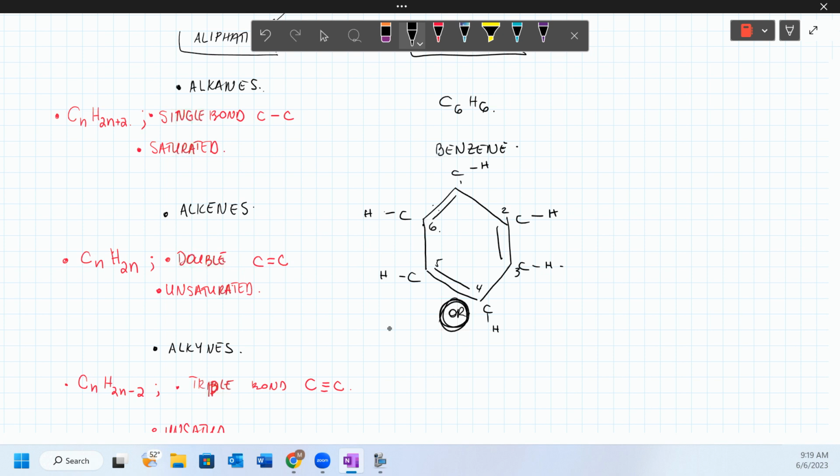So very often the structural diagram or formula of benzene is represented even as a circle inside, because those electrons are moving constantly, and when you see it, it is actually like a motion that is going on and on and on, creating the idea of a cycle.